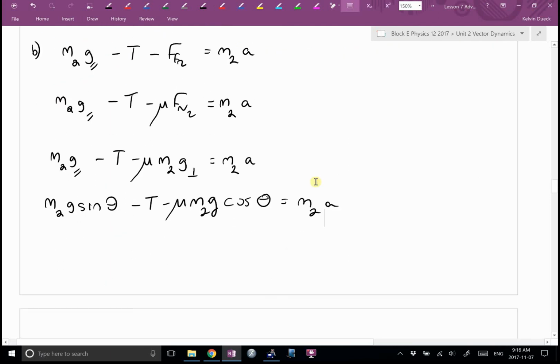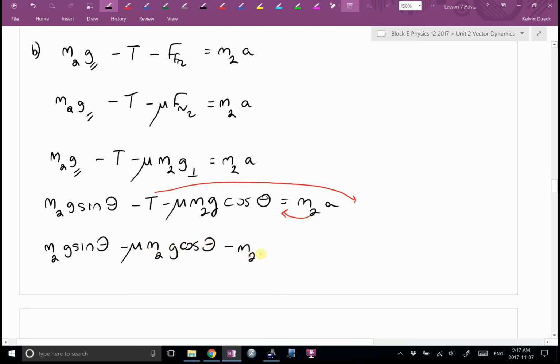M2. How many M2s do I have? Lots of them. Let's get them all to the same side. I think the easiest way here, Mackenzie, would be plus the tension over, minus the M2A over. That's going to give me M2G sine minus mu M2G cos minus M2A. That equals tension.